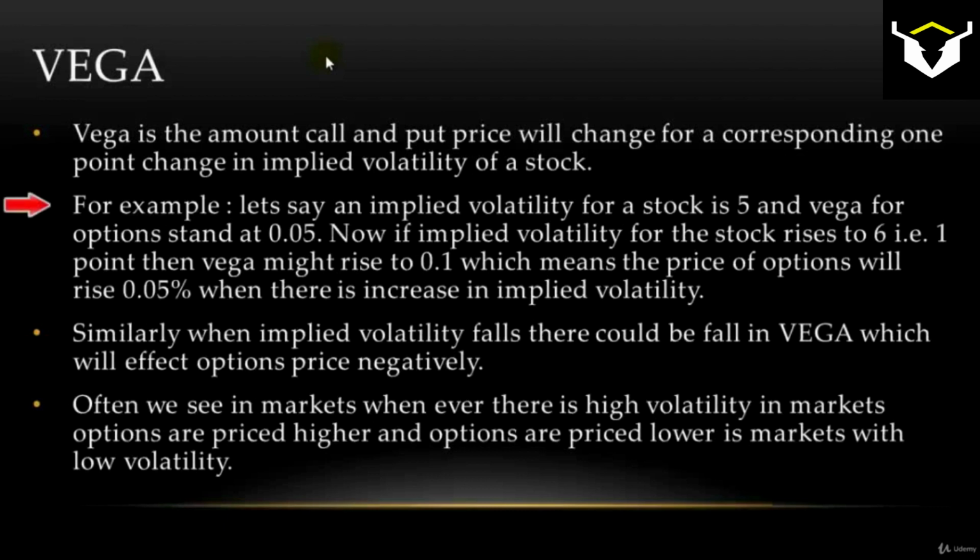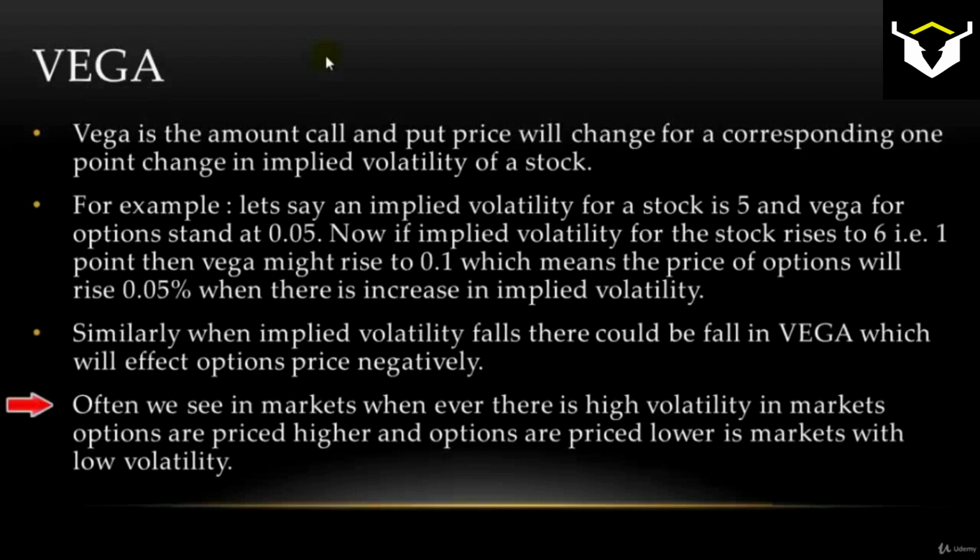For example, let's say the implied volatility for a stock is 5 and Vega for the option stands at 0.05. Now if implied volatility for the stock rises to 6, that is 1 point, then Vega might rise to 0.1, which means the price of the option will rise 0.05% when there is an increase in implied volatility. Similarly, when implied volatility falls, there could be a fall in Vega, which will affect the option price negatively.